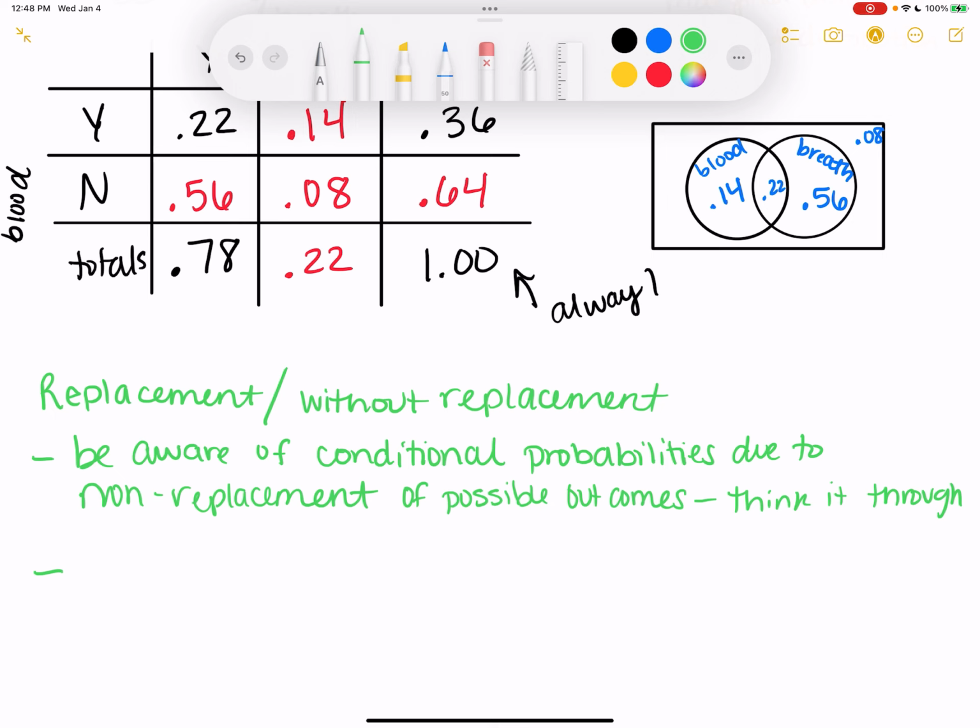And then another option of how you can represent it, we did it very briefly right before Christmas, was diagramming with a tree diagram. So tree diagrams show sequences of events.